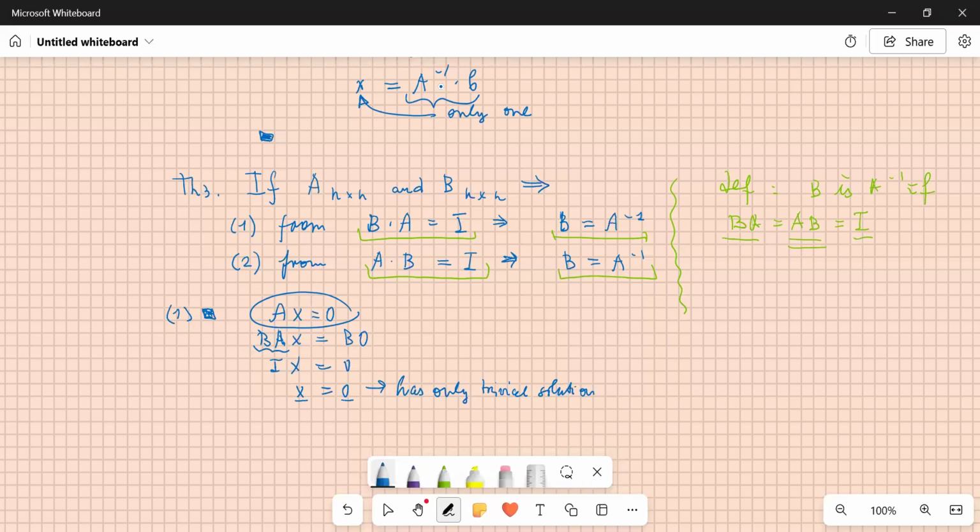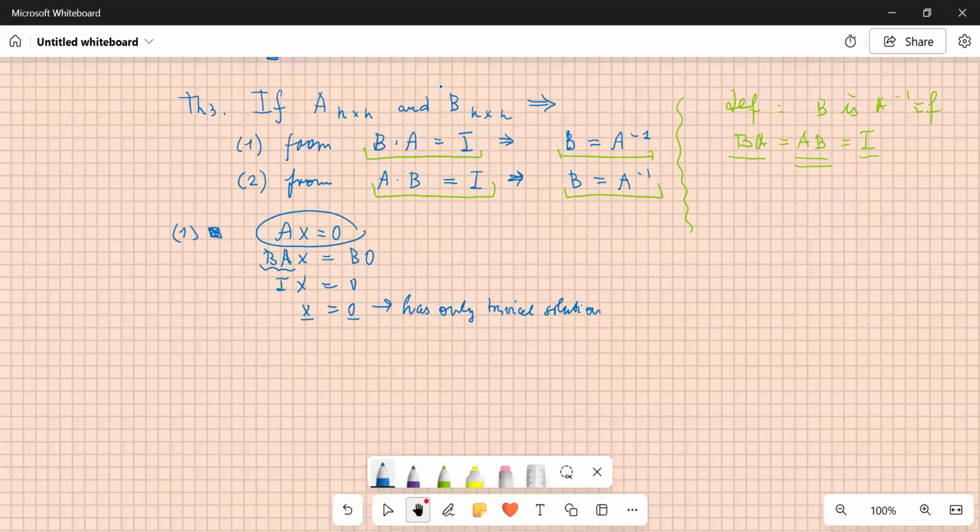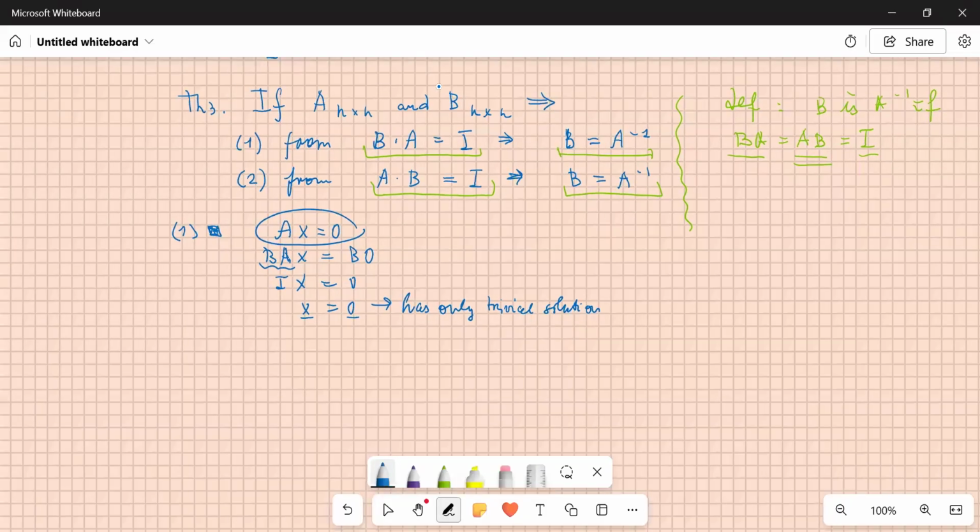From the theorem of section 5, remember, the last theorem in section 5 was a four-part theorem. From that theorem, because it has only the trivial solution, it means that A has an inverse. I'm going to write down the theorem from 1.5 with cases A, B, C, D, which we proved like a circle: A has an inverse.